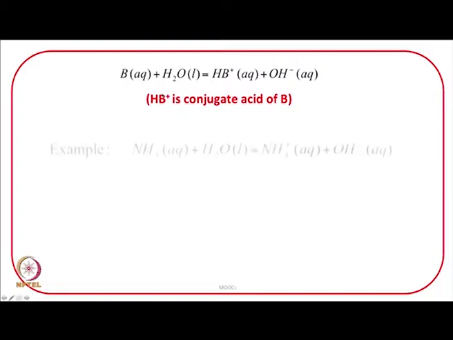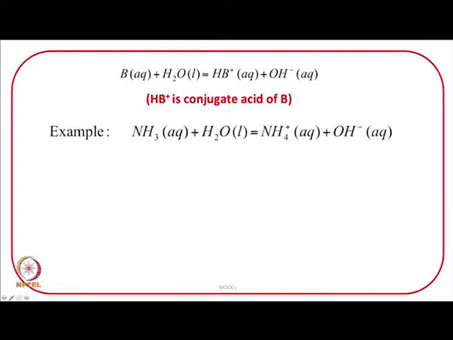Let us take an example of this kind. Ammonia, on dissolution in water, will accept a proton from water and form ammonium ion and hydroxide ion.